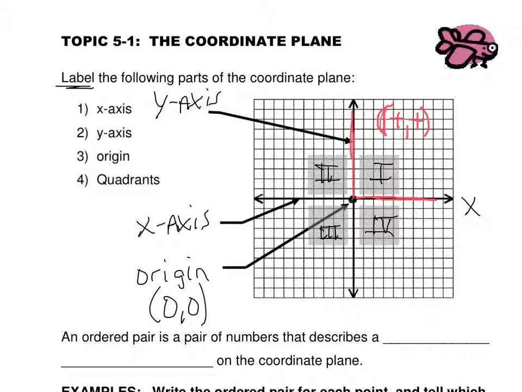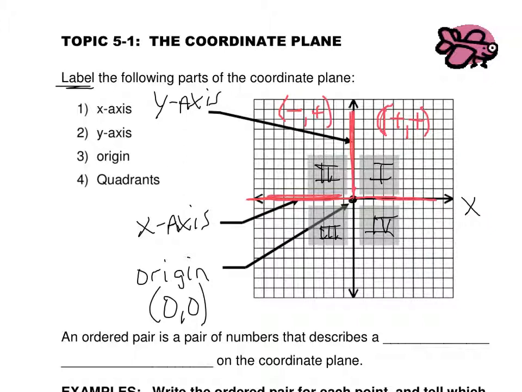So any ordered pair in quadrant 1 would be positive. And then in quadrant 2, your x will be negative and your y will be positive, because on this side this is negative, but then this is positive going up.